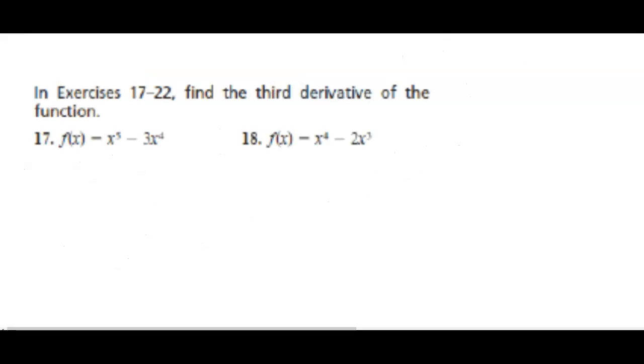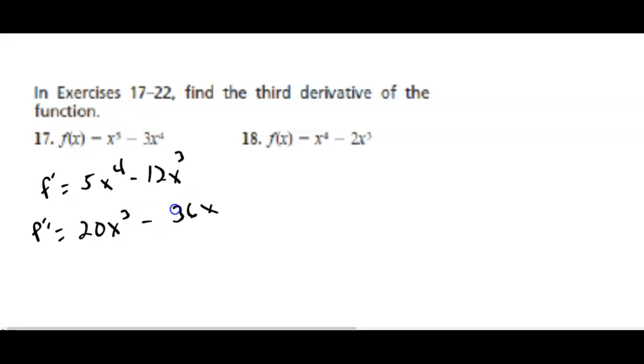Alright, let's see here. Find the third derivative. So first derivative is going to be 5x to the 4th minus 12x cubed. The second derivative is going to be 20x cubed minus 36x squared.